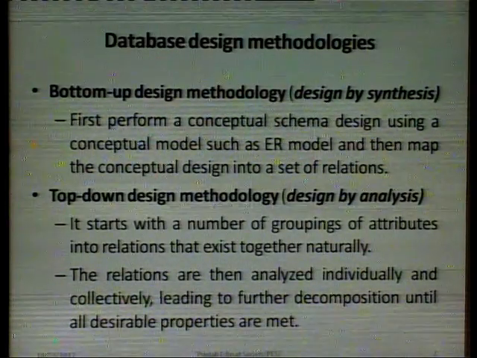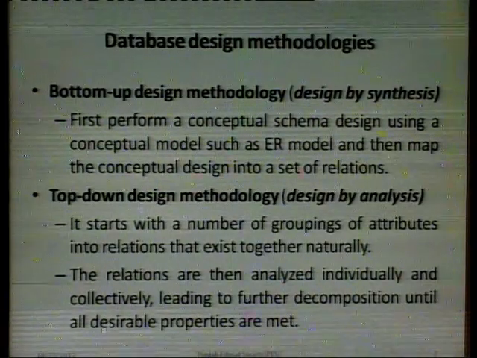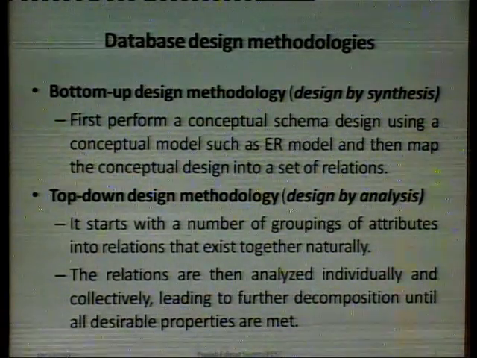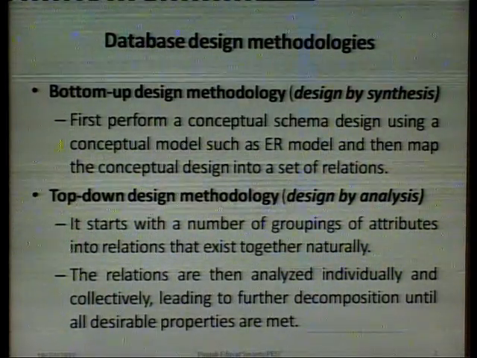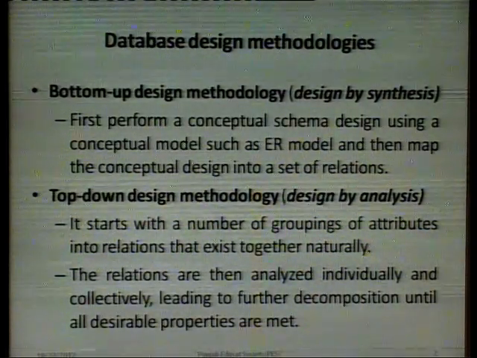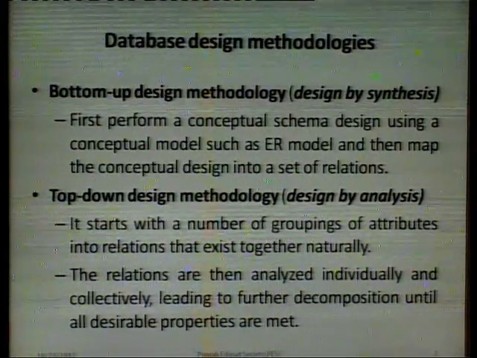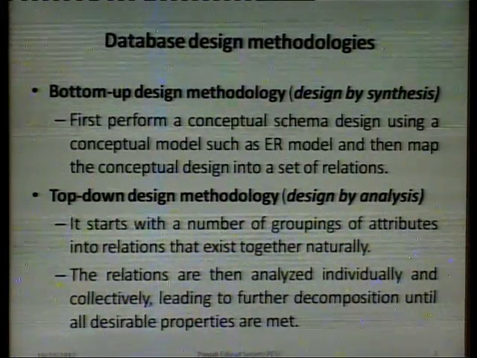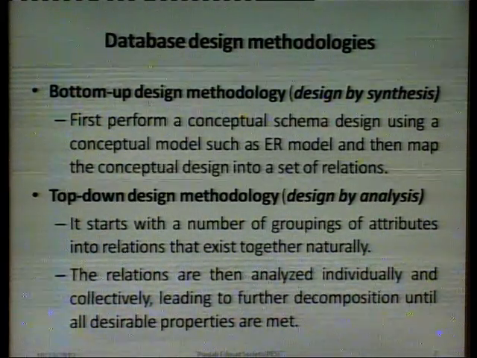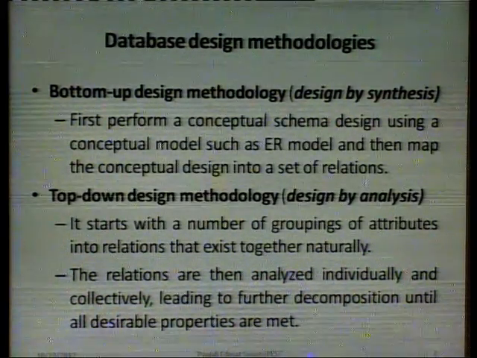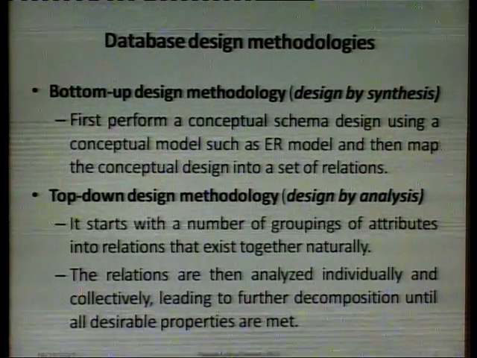So the difference between these two methodologies is that in the bottom up design methodology we start with the relationships and then derive the relations, but in the case of the top down design methodology we start with the relations that exist together naturally, and then we decompose those relations in order to meet all the desirable properties.